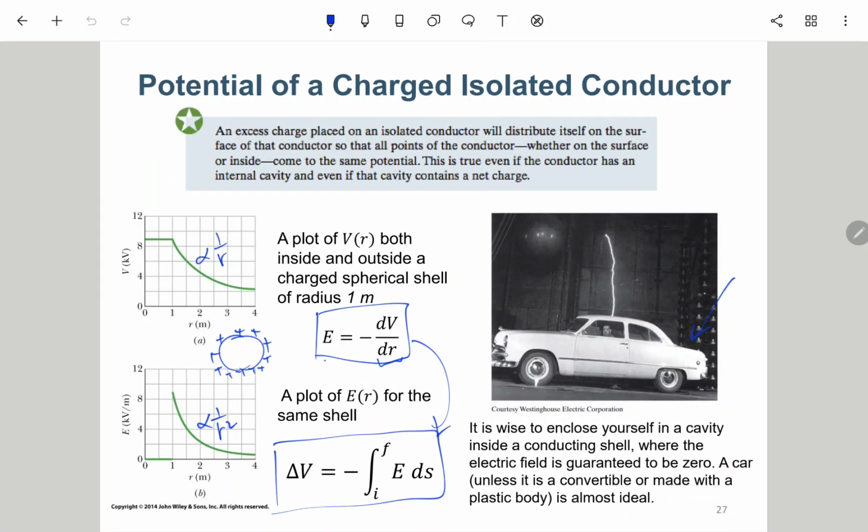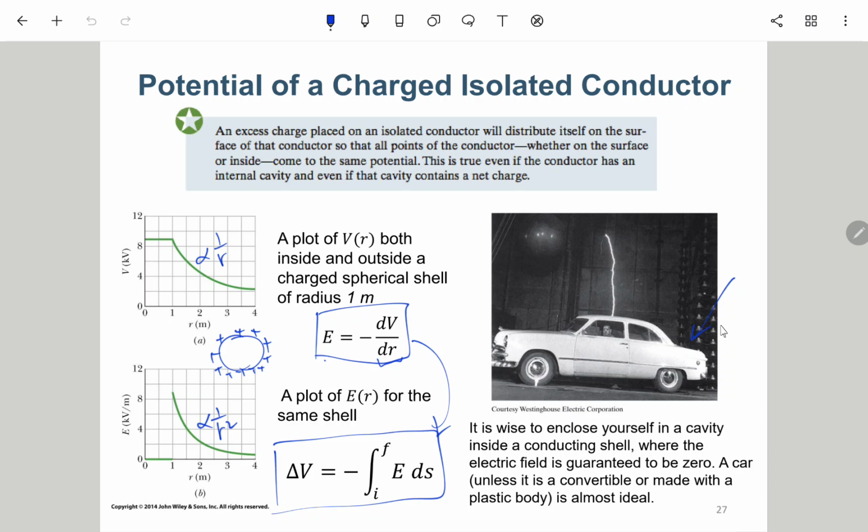Going back to here, it really means that even though lightning hits the car, all the charge will go to the surface, and the E field will not be 0 outside the car. Inside the car, the E field is 0, and all the points have the same potential.